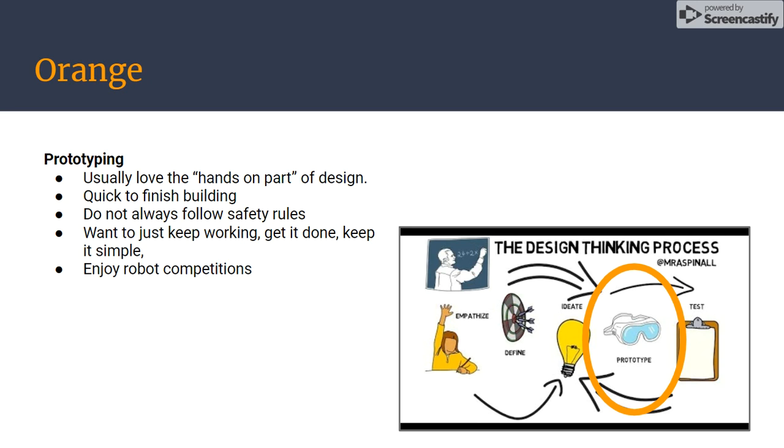They're usually quick to finish building and do not always follow the safety rules. They just want to keep working, get it done, keep it simple, and they enjoy the competitive aspect: build the fastest car, the strongest robot, the tallest tower. So they tend to excel at the prototyping phase.